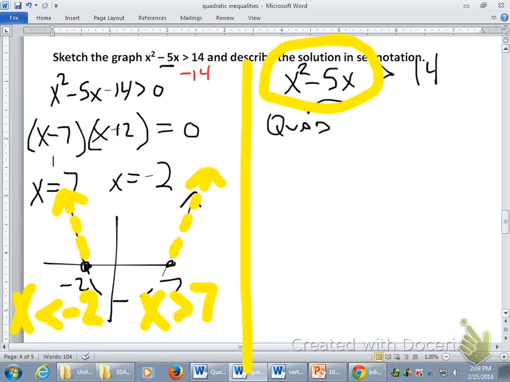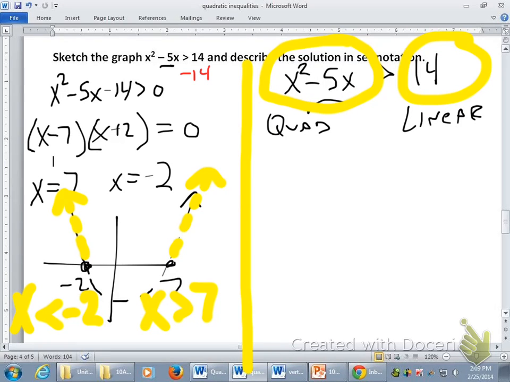Over here, that's a linear graph. The real question being asked is, when is this quadratic graph bigger than this linear graph? Well, do you know how to graph a quadratic? Do you know how to graph a line? Well, then let's graph a quadratic and let's graph a line. Let's cheat. Let's use the calculator.